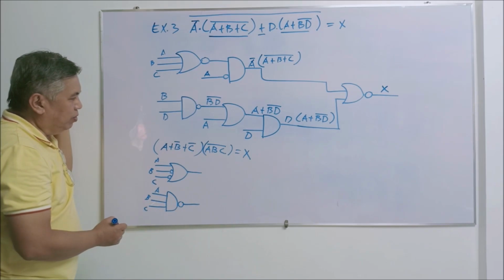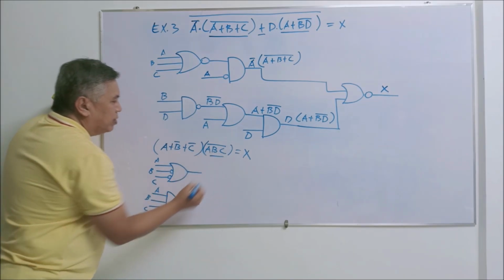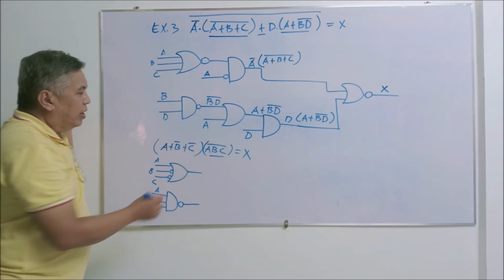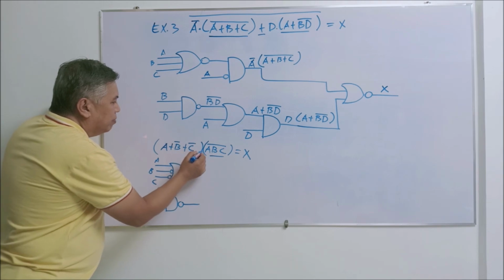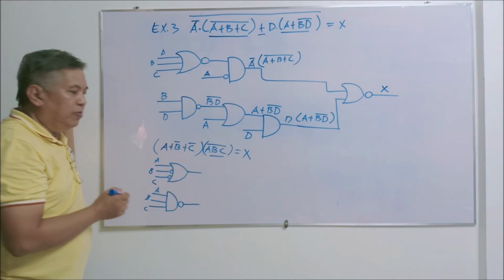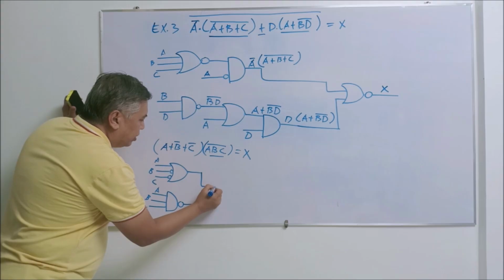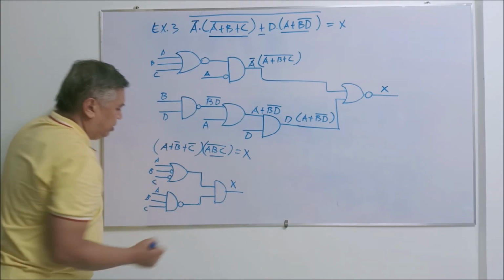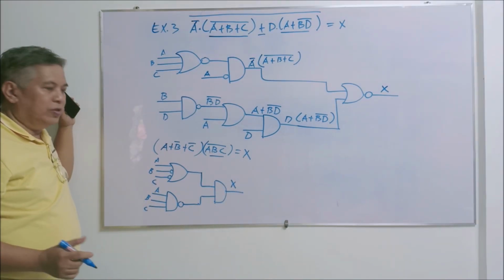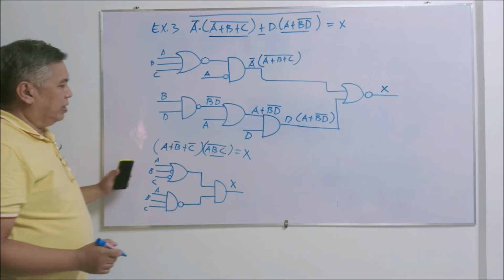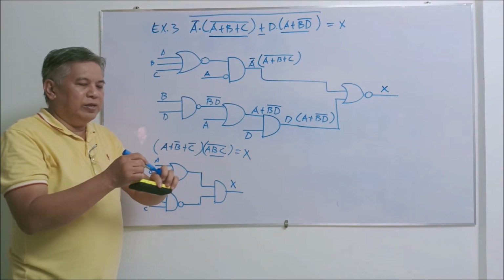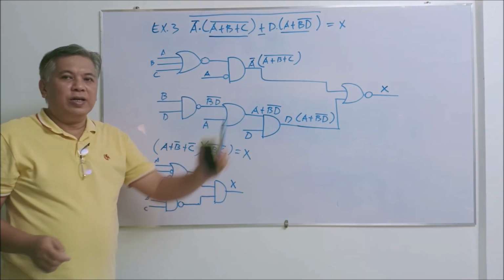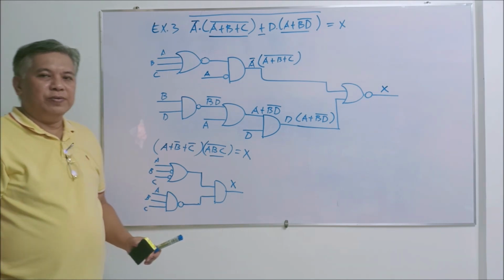Okay? And that will be your representation for this particular equation. And both of these are being multiplied together or being ANDed together. So you use an AND gate. That becomes your X. So the table for this one can be obtained again in the same manner as what we have discussed in our previous example.